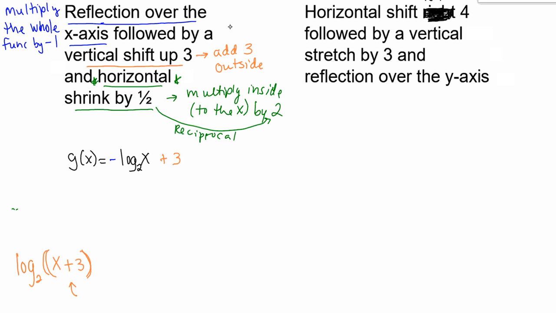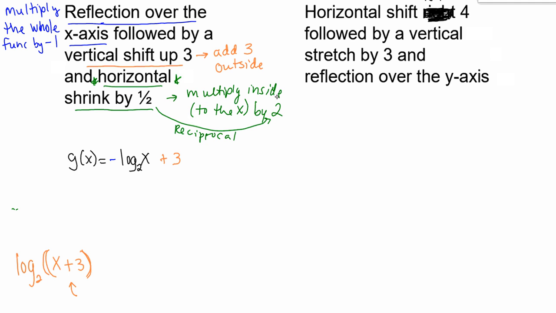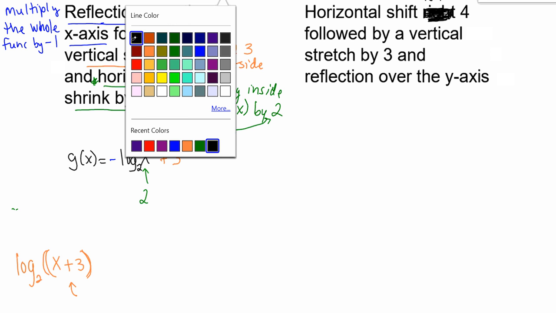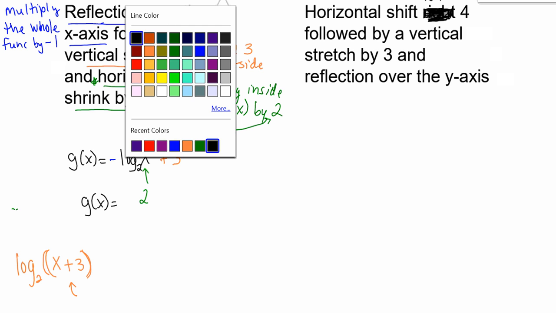Okay, last one says we're going to multiply inside to the x, a 2. So inside here, I've got to multiply by a 2. So here I am at g of x equals, our negative is out in front. I'm not going to have enough room.